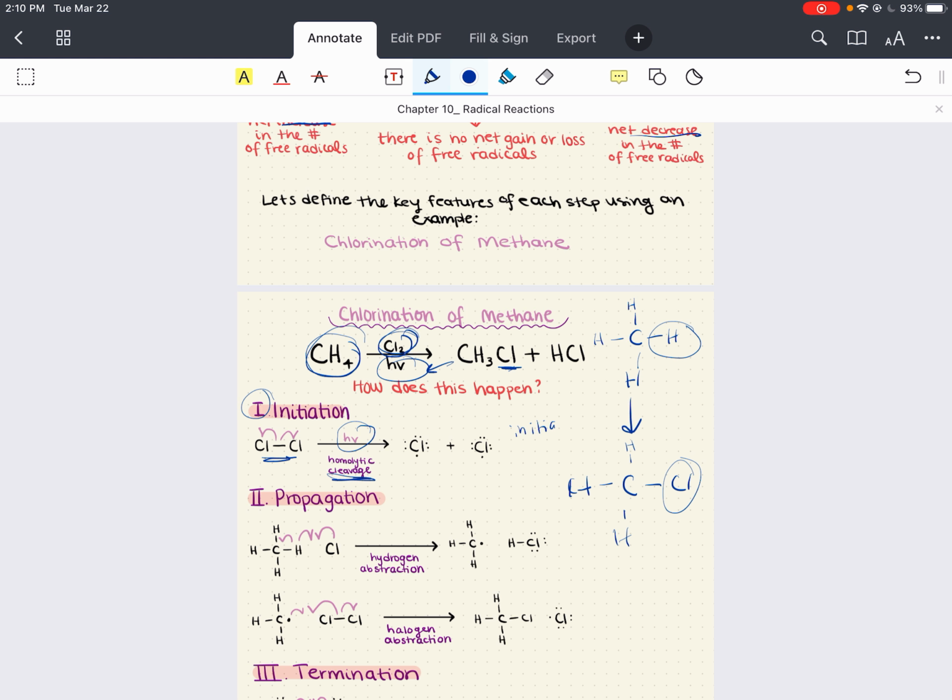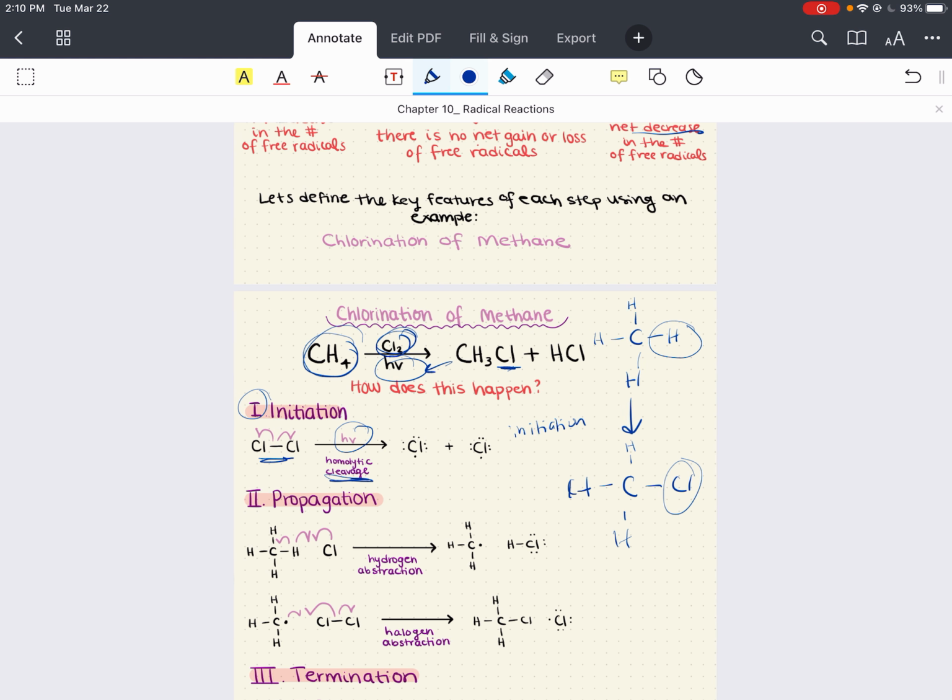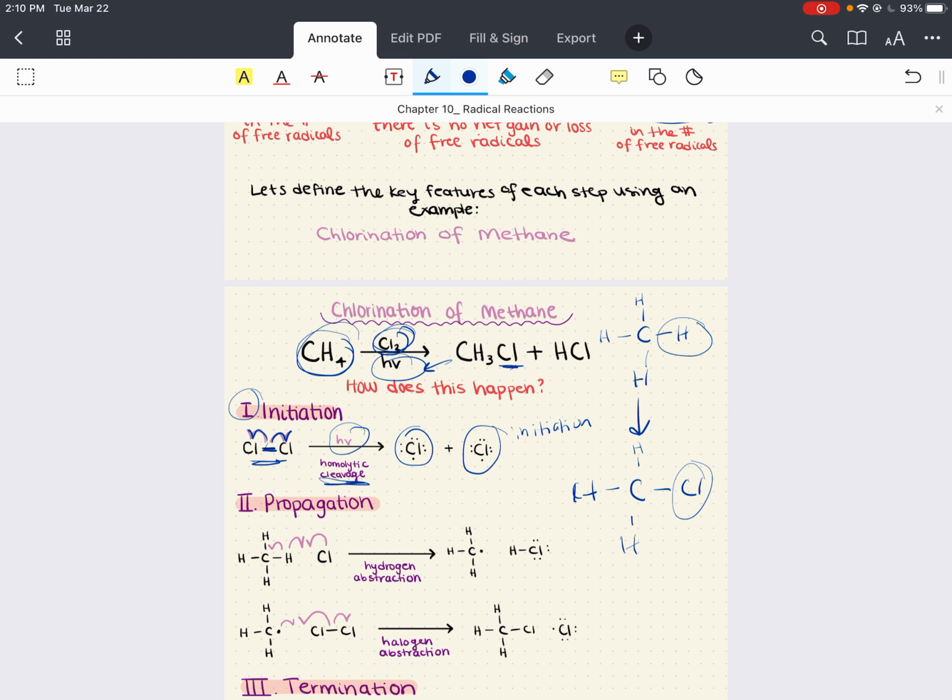Remember, homolytic cleavage is associated with the first step of radical mechanisms, initiation. So our Cl2 is treated with light, it gets homolytically cleaved. What that means is this bond breaks and each chlorine gets an electron. So now we have these chlorine radicals.